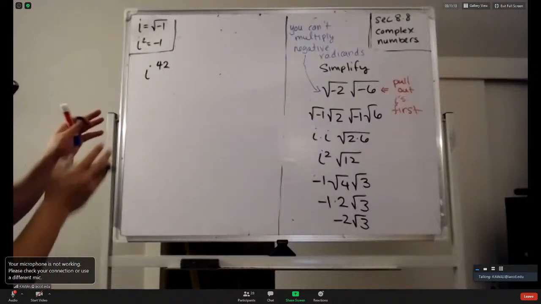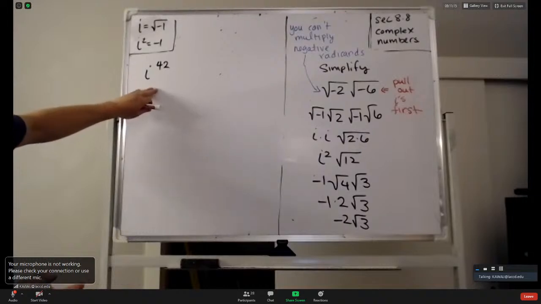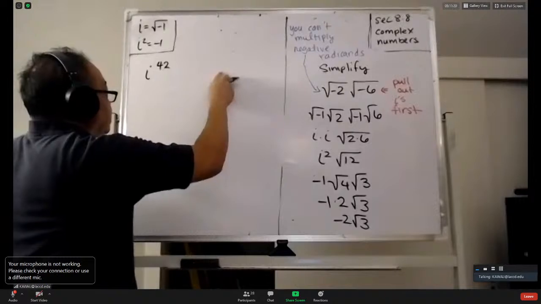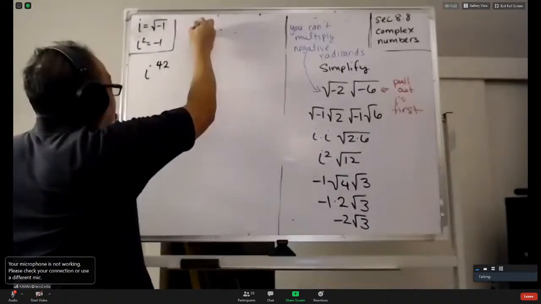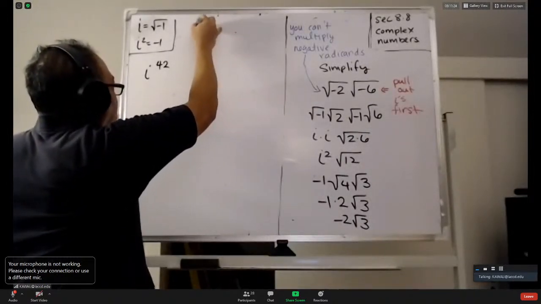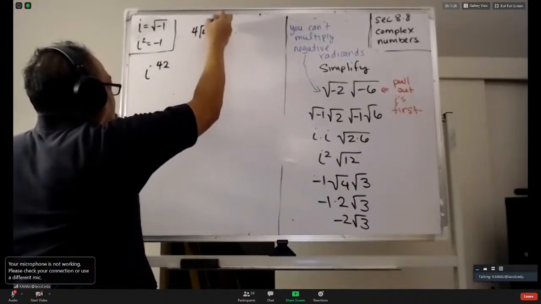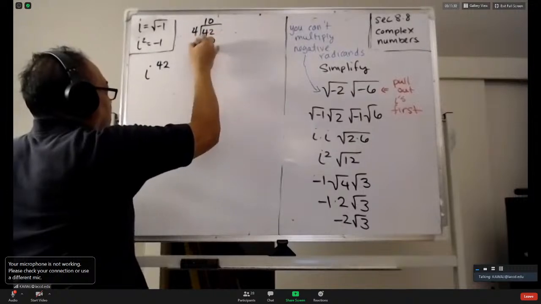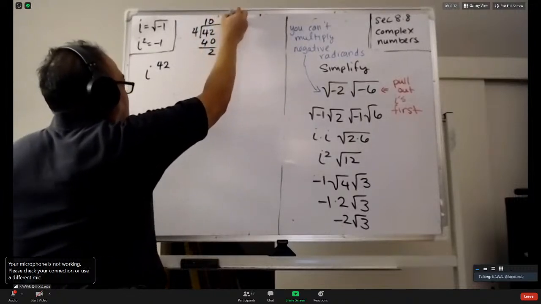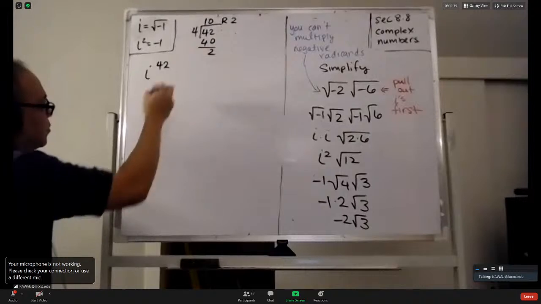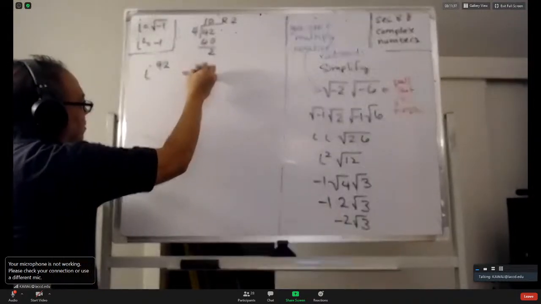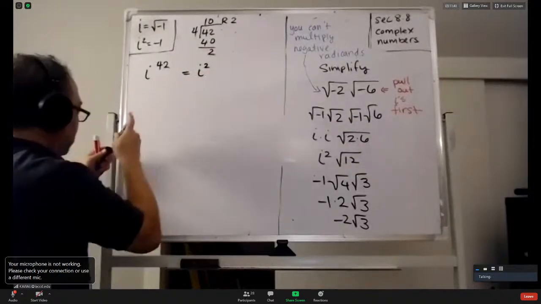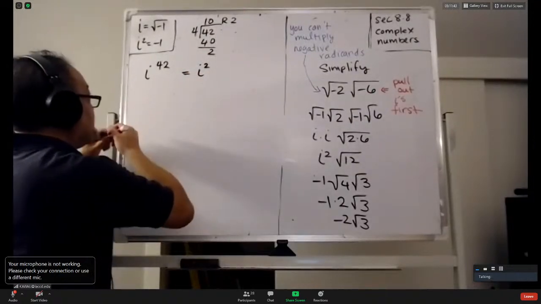Now, what you want to do whenever you have all these i's like this is you want to divide by 4. So 42 divided by 4 is equal to 10, 40, remainder 2. So this is equal to i to the remainder after you divide by 4.